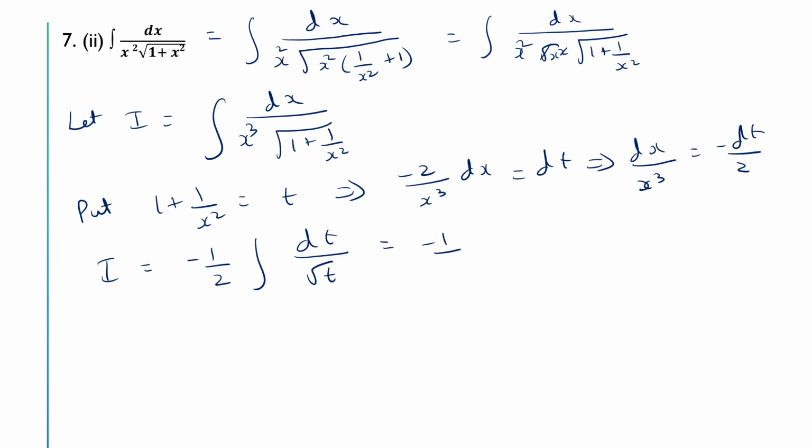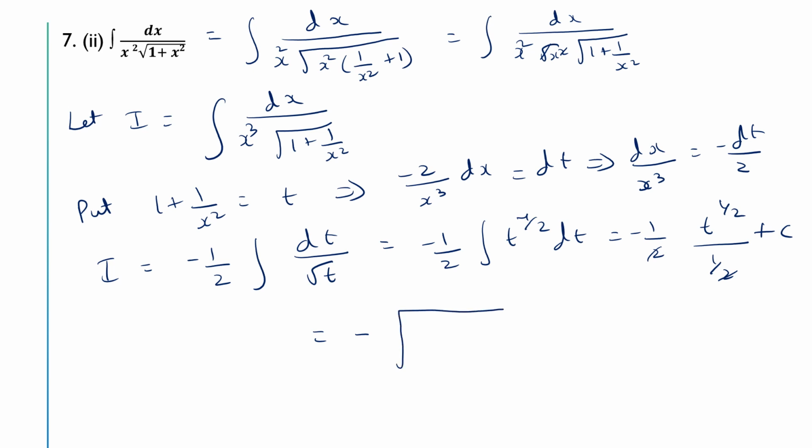So this is minus half into integral t raised to minus half dt. Integral t raised to minus half dt is t raised to minus half plus 1 by minus half plus 1. So these two will go, plus c. So this is equal to minus t, we have to substitute. So it is minus root of 1 plus 1 by x square plus c. So this is the answer for the given integral.